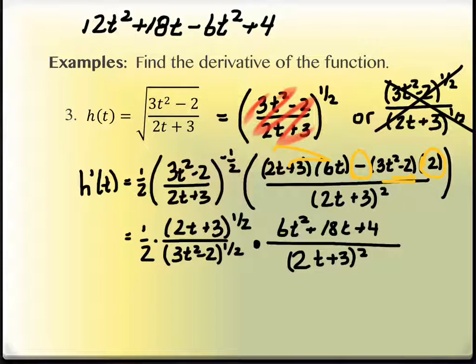Okay, it would be wonderful if the 6t squared plus 18t plus 4 factored. I'm just going to tell you right now it's not going to. It's something you should check to make sure that it does or doesn't, but this one doesn't actually simplify. Now, it stands a chance, right? We had one last time where it didn't stand a chance because we had a 20 at the end and I needed it to factor into something with a 3, and that wasn't going to happen.